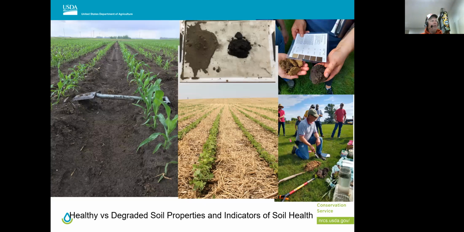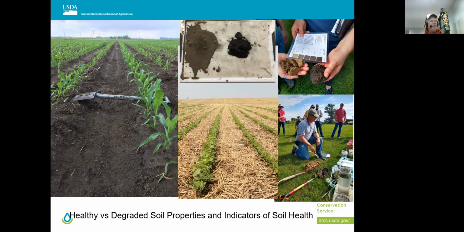On the left, we've got a heavily tilled site in southern Minnesota where we have very low strength and structure. You can see, when planting this corn, where the tractor tire depressed the soil and compacted it, versus on the right, you can't even tell where the tractor went to plant because the soil structure and aggregate stability was so good.